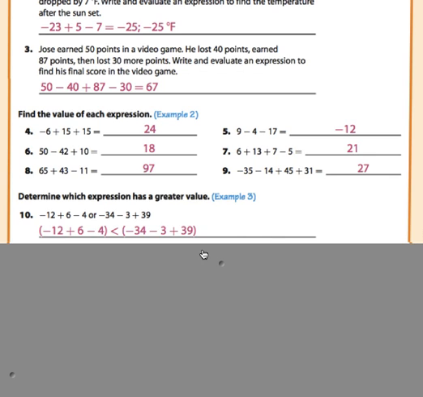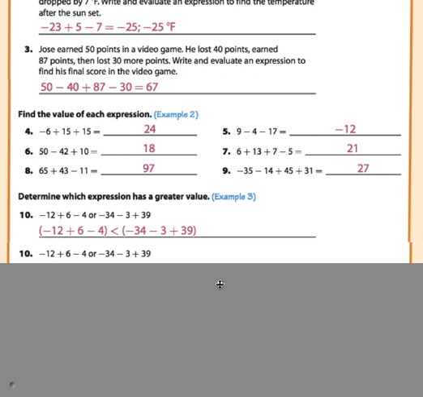All right, so we rewrote the problem. Negative 12 plus 6 minus 4, and negative 34 minus 3 plus 38. So the greater value was one right here. Negative 34 minus 3 plus 39.